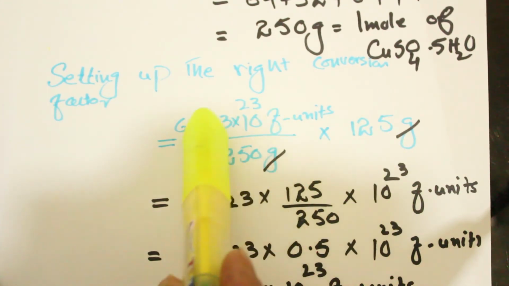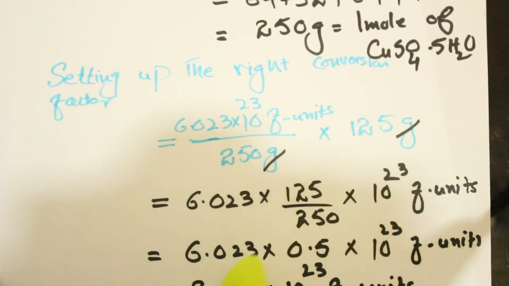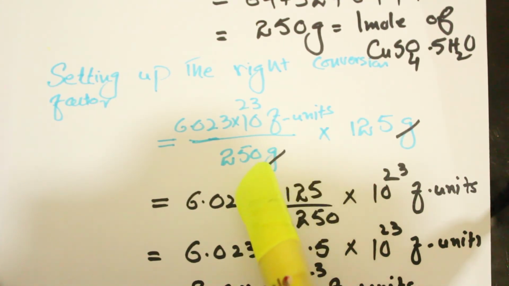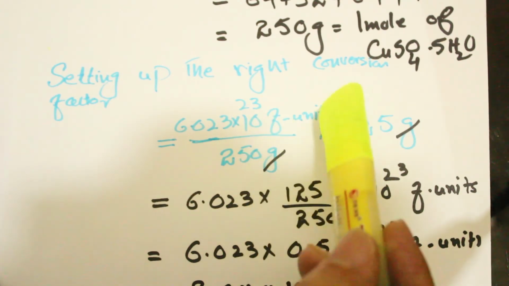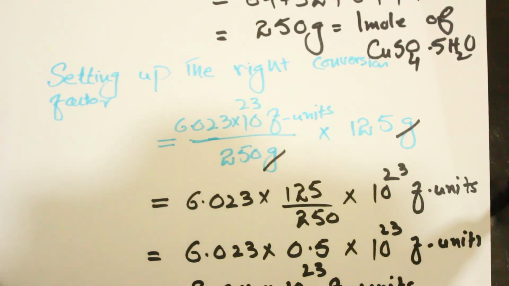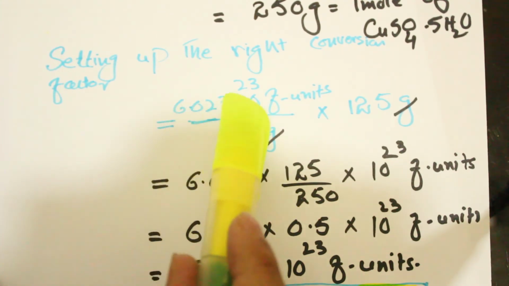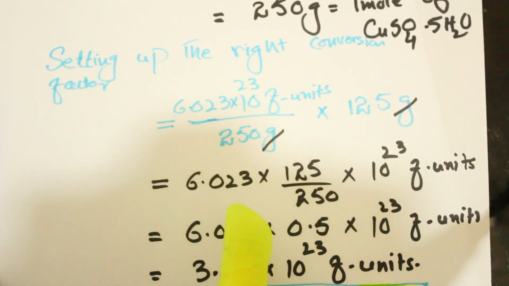So I just multiply this conversion factor by this one. Now what we see here is the cancellation of the unnecessary units. The gram is cancelled out with this gram, and we are only left with the formula units. So we divide 125 by 250 and multiply it by 6.023 multiplied by 10 raised to the power 23.